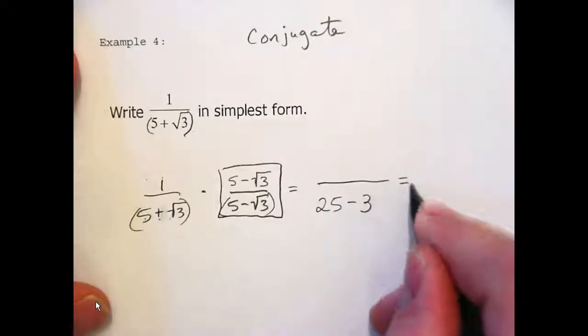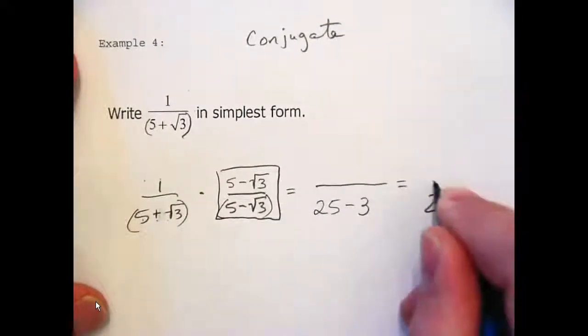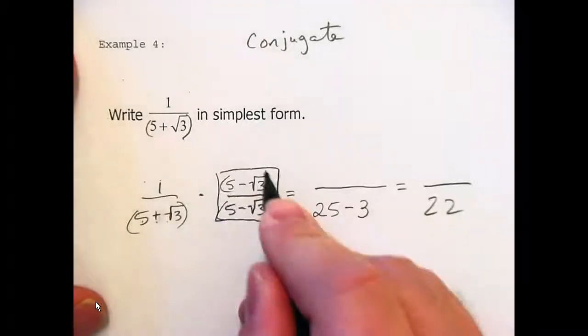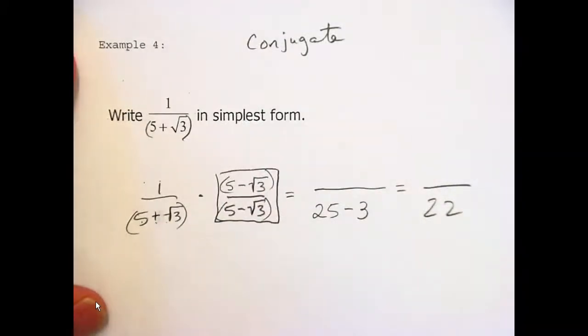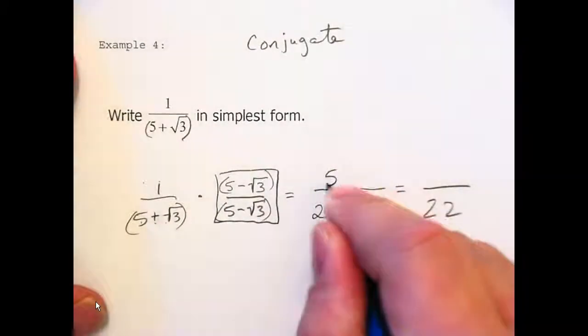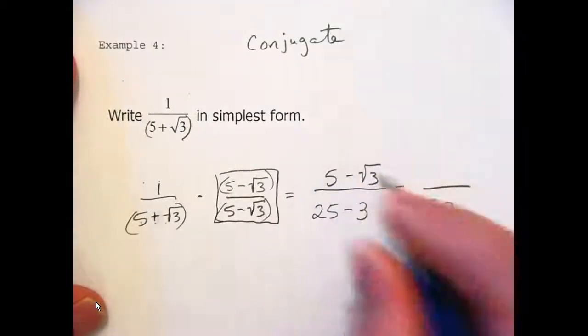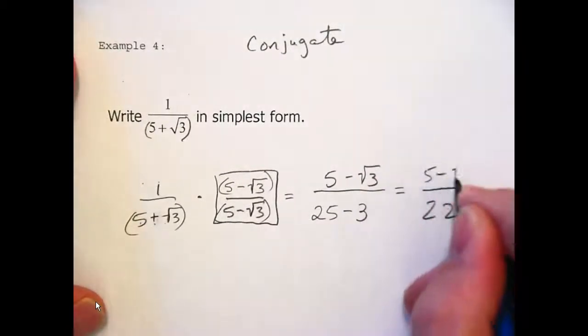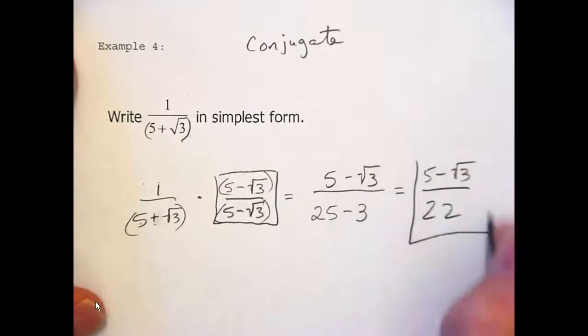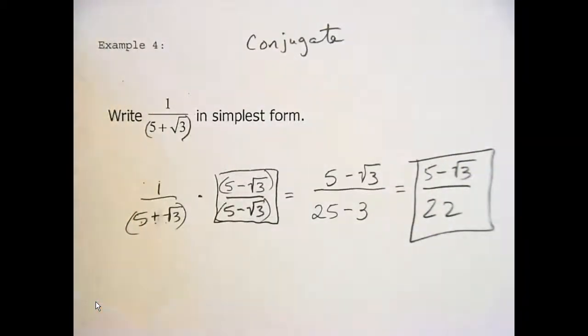I am now left with 22 on the bottom. And on the top, I'm left with 1 times 5 minus root 3, or just 5 minus root 3. I now have that in simplest form. And the word conjugate just sounds cool.